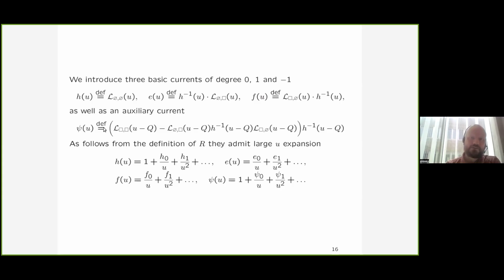And also psi is more complicated. Also, we expect the following expansion at large values of the spectral parameters written here. So the coefficients at infinity are my modes of the currents, and they basically constitute the Yangian.